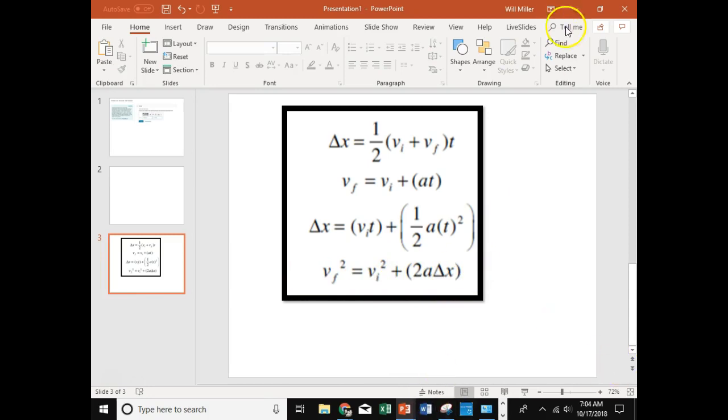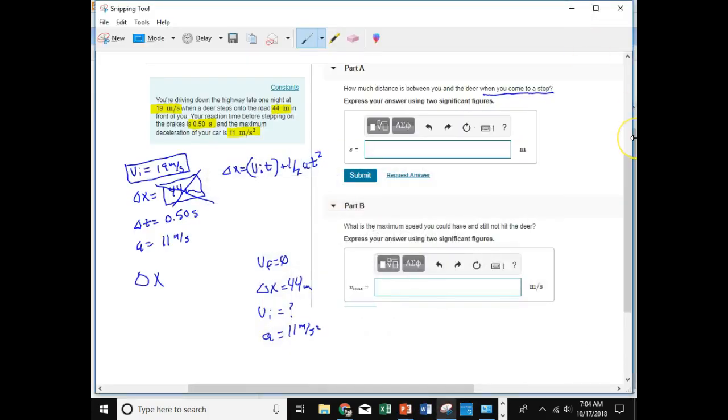So I'm going to go back over to the problem and write that down: vf squared equals vi squared plus 2a delta x. All you're doing now is solving this for the initial velocity, which I'm going to let you do, because I think you're probably capable of doing it now.